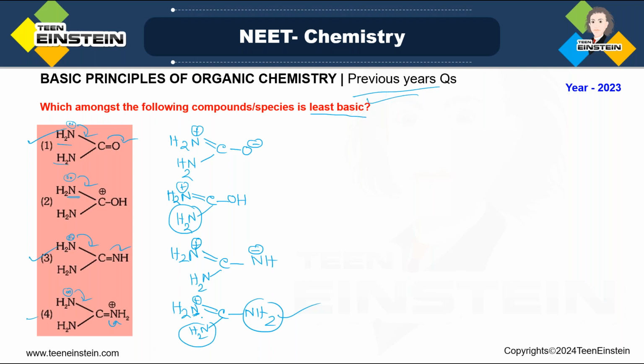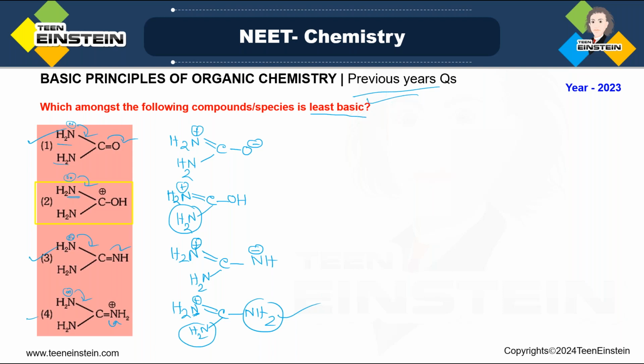So if we apply this logic, then in option 2 the lone pair availability will be even lesser compared to 4. And in 4 there are 2 NH2 groups, so the lone pair will still be available on 2 different NH2. So considering all this, least basicity is expected from this option 2 species.